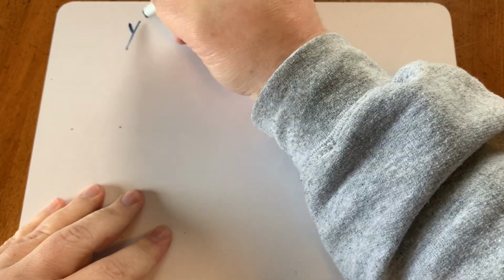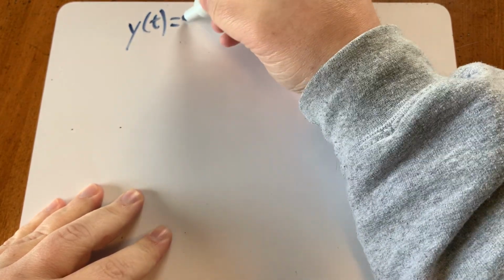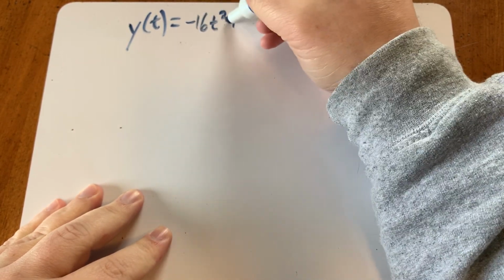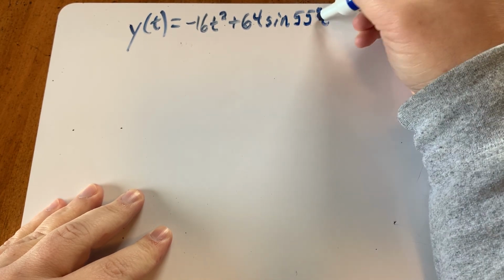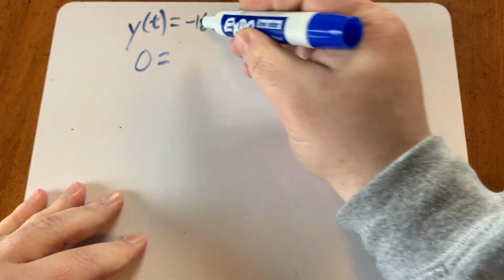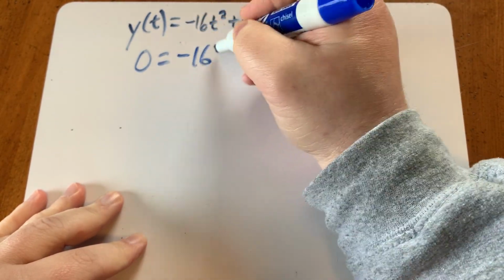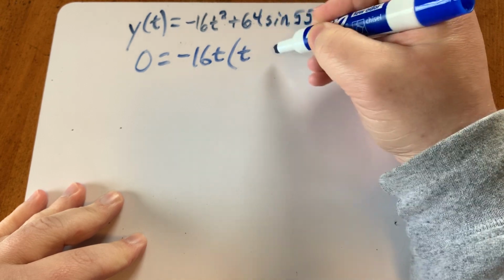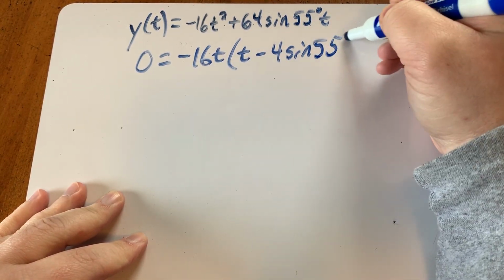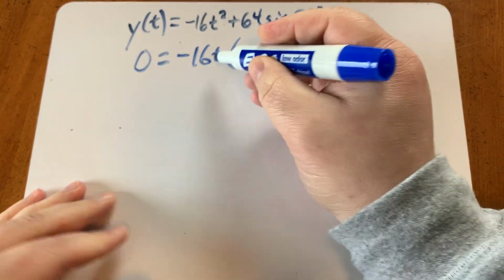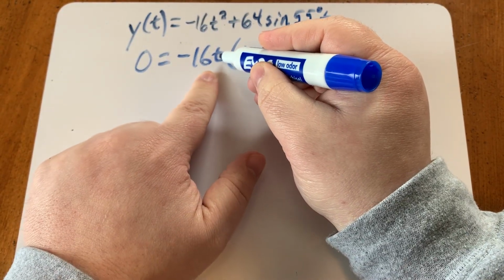So let me just rewrite our equation. y of t equals negative 16t squared plus 64 sine of 55 times t. And we want when the height is 0. So 0 equals, and we can factor out 16t, leaving us with t minus 4 sine of 55. Well, t equals 0 there.